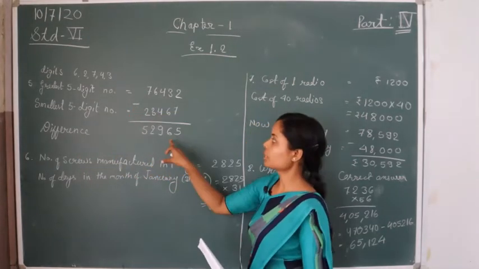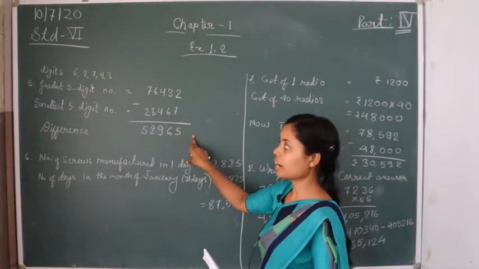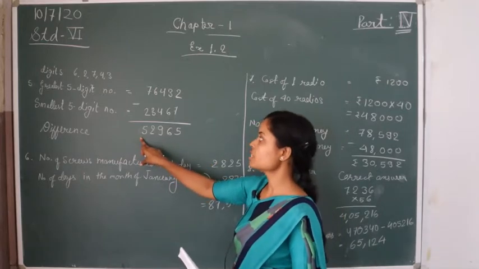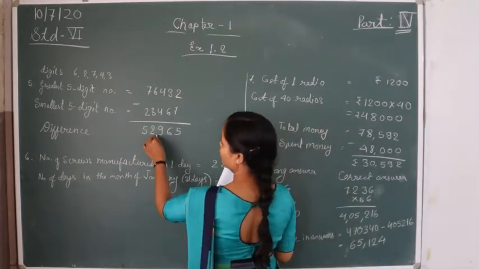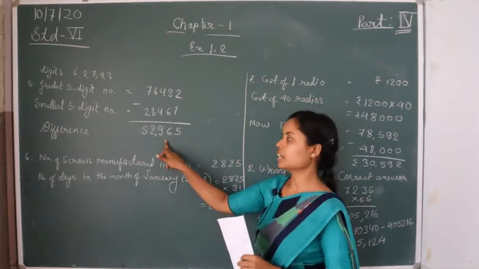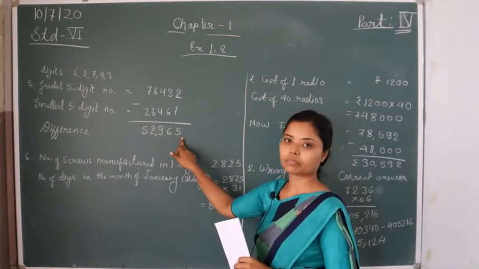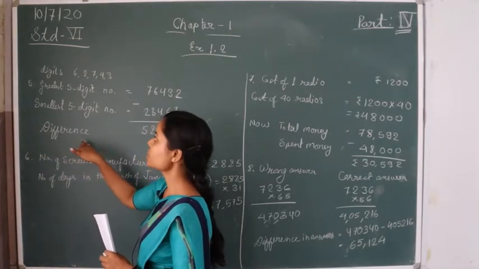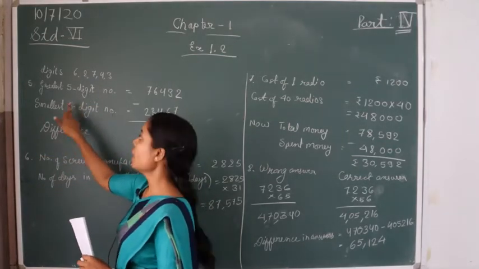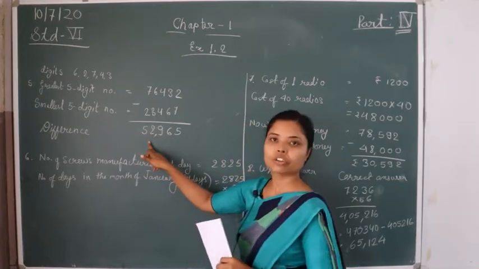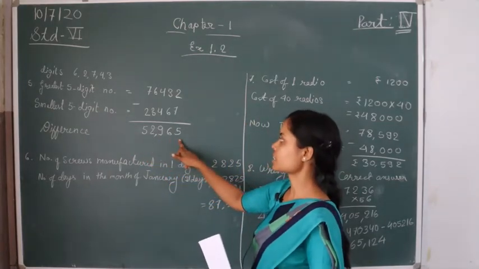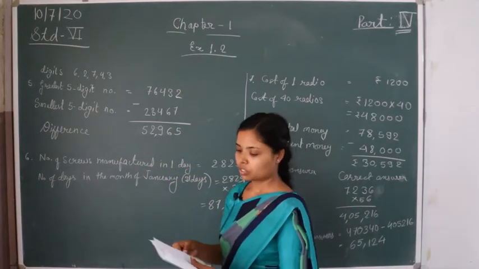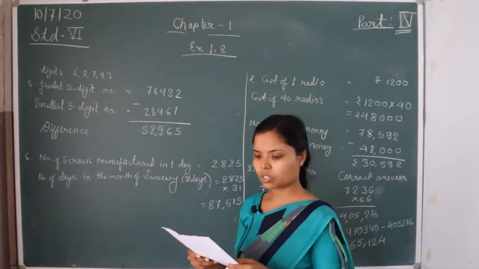When you subtract, you find the difference, 52,965. Therefore the difference between the greatest 5-digit number and the smallest 5-digit number is 52,965.